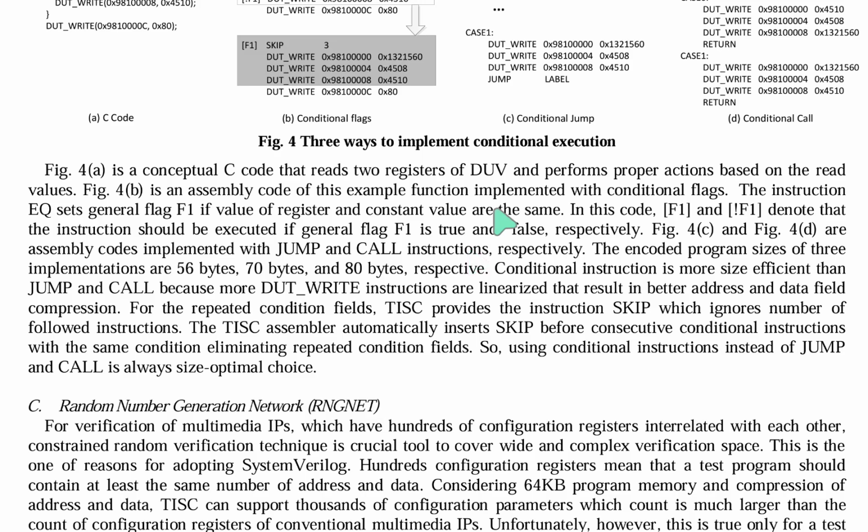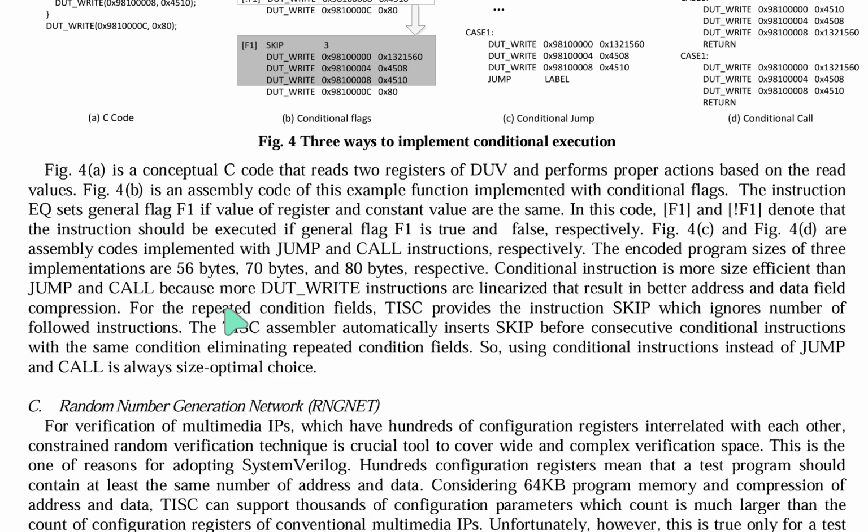The encoded program sizes of the three implementations are 56 bytes, 70 bytes, and 80 bytes, respectively. The conditional instruction is more size efficient than the jump and call because more duty_write instructions are linearized, which results in better address and data field compression.